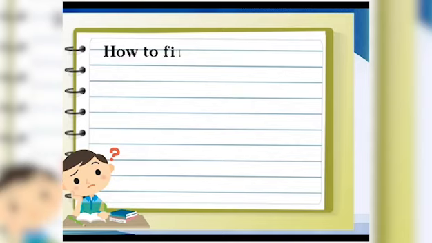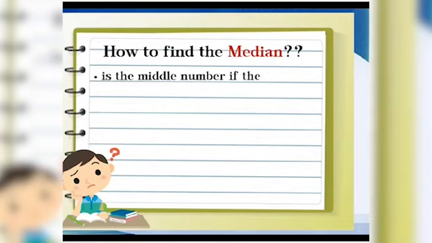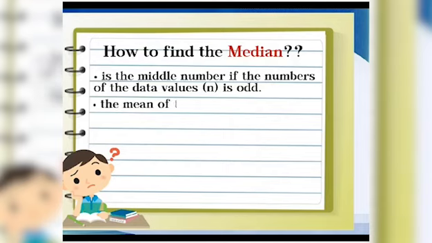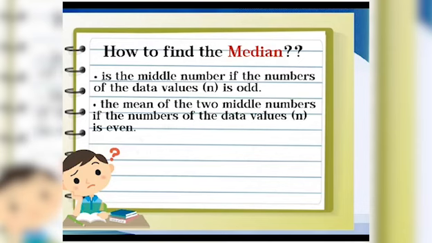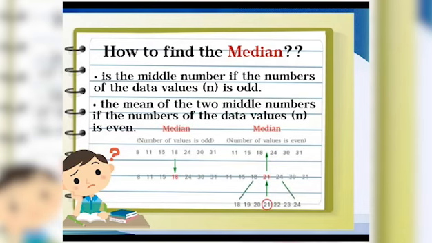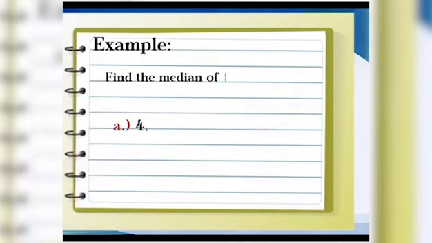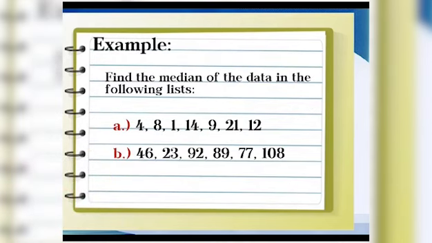The median of a ranked list of n numbers is the middle number if the number of data values n is odd, or the mean of the two middle numbers if the number of data values n is even. For example, find the median of the data in the following list.